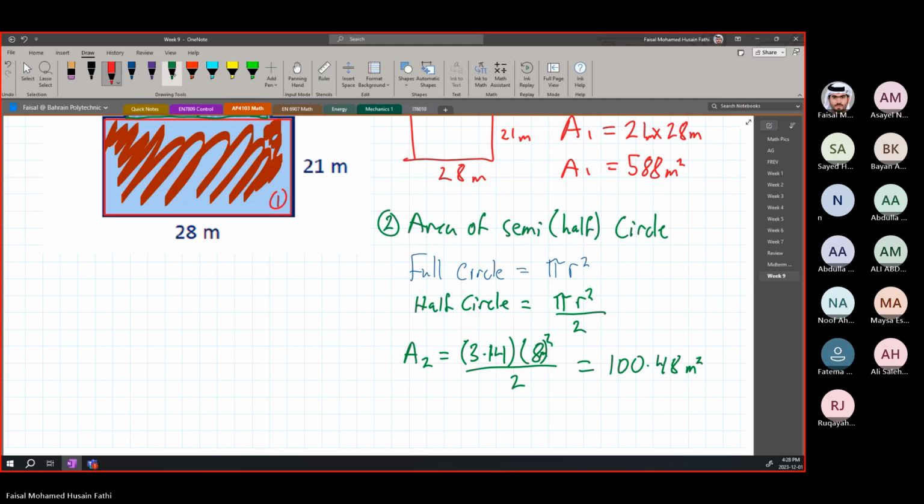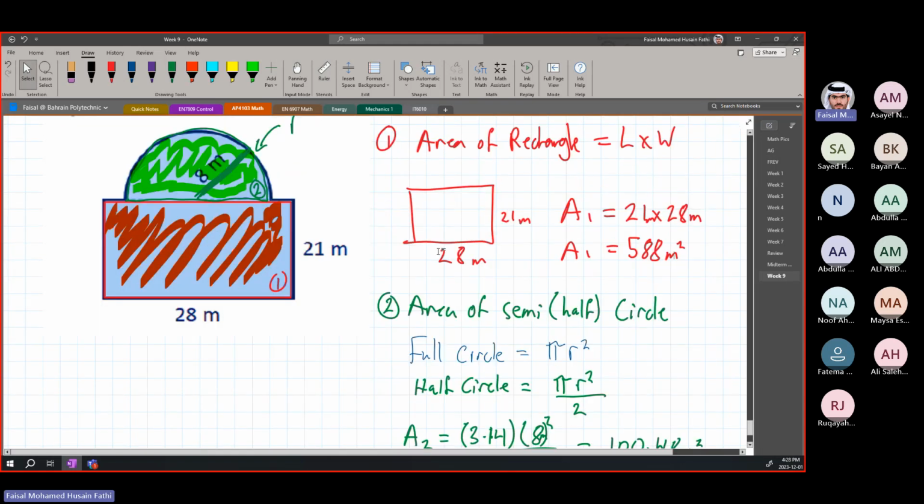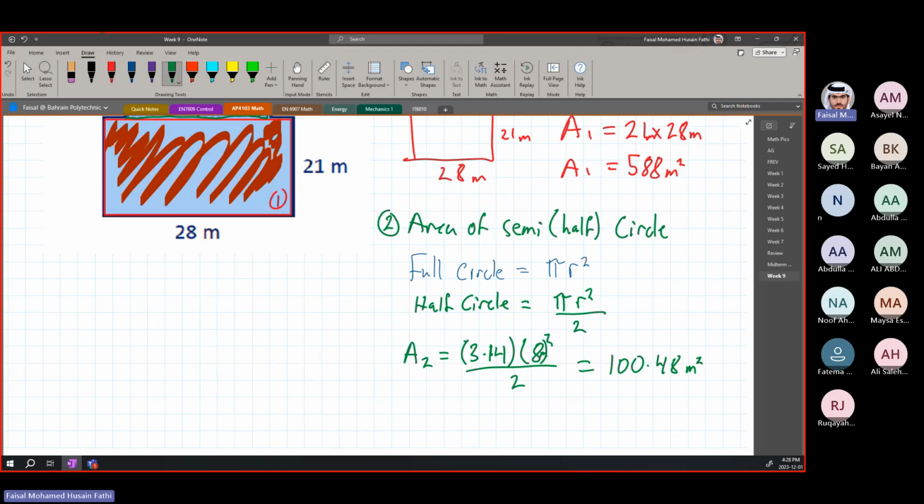Okay? Now, we found area 1. We found area 2. We just have to add them up. Area 1, or the area total, A total, is equal to area 1 plus area 2, which is equal to area 1 is 588 meters squared plus 100.48 meters squared.